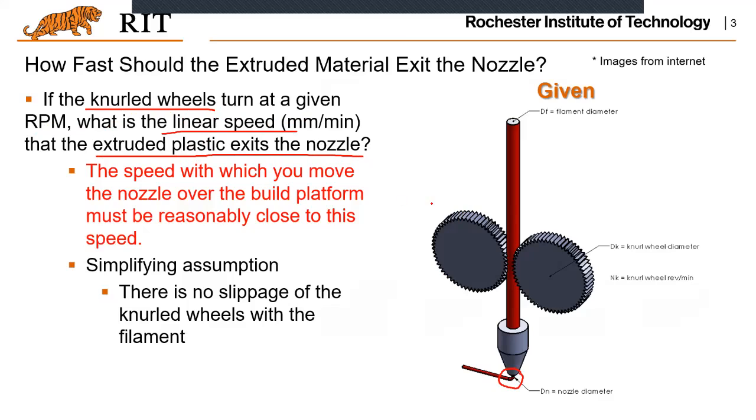And another thing you want to know is that this speed for material exiting the nozzle must match the motion of the nozzle over the build platform. I will show you why, but you can just consider this as a constraint or condition. So this material exiting speed from the nozzle should match the speed of the nozzle over the build platform.